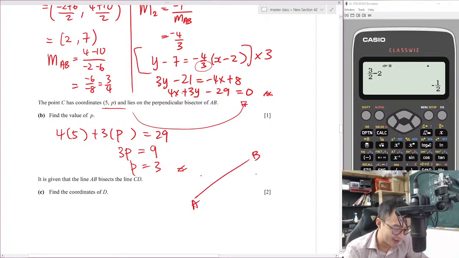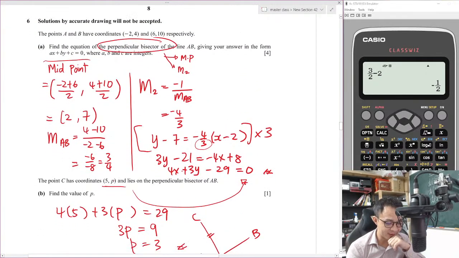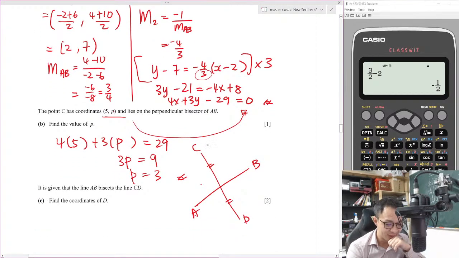Alright, I have AB going to bisect CD. So, okay, let's see what I want to do now. Do I have the coordinate of C? Yes, I have the coordinate C, which is 5, 3.